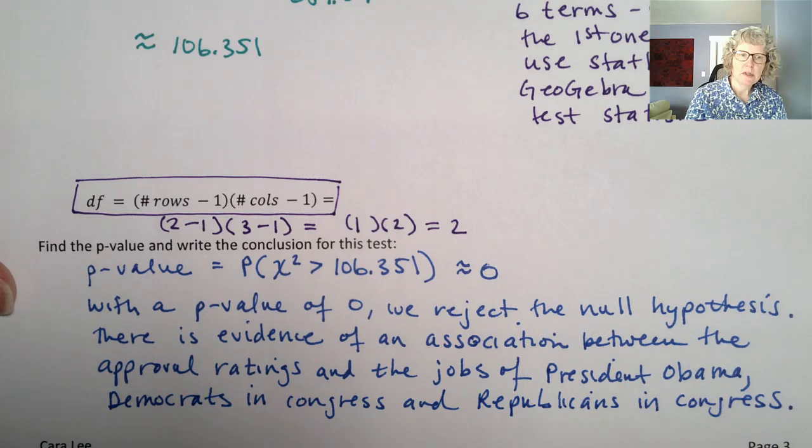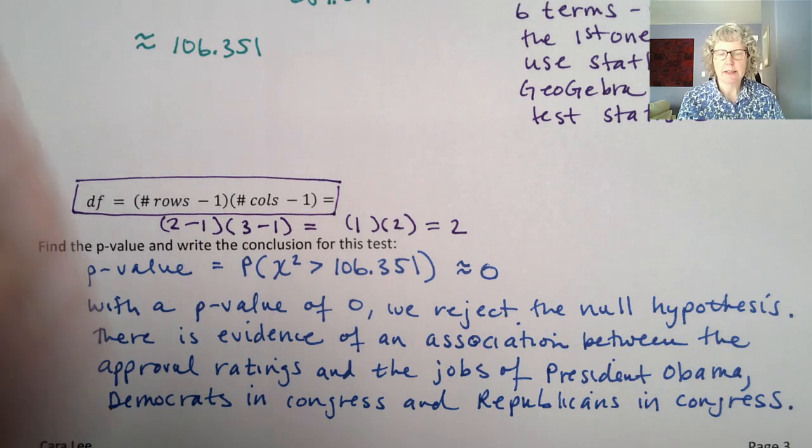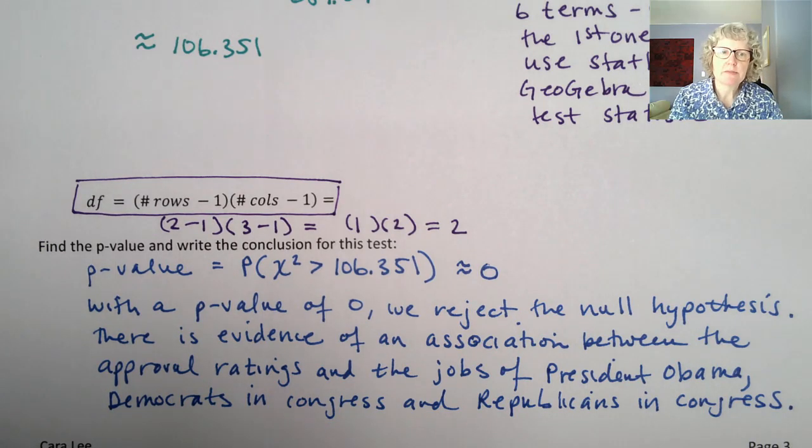Okay, so there was a significant difference between the observed and expected across all of the categories, right? So we say there is evidence. We could say dependence. The word dependence tends to convey causation. So things can be associated and one not causing the other.